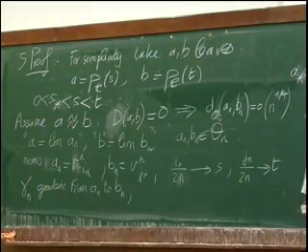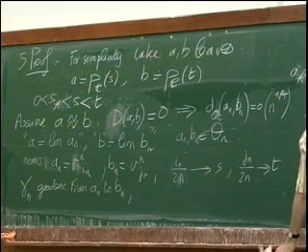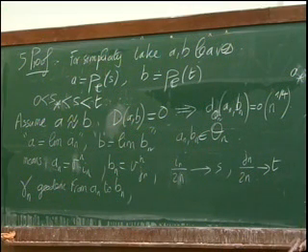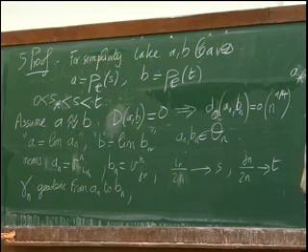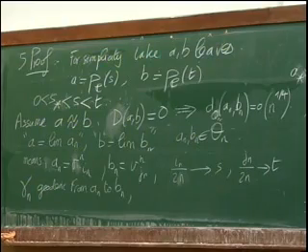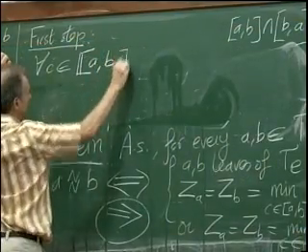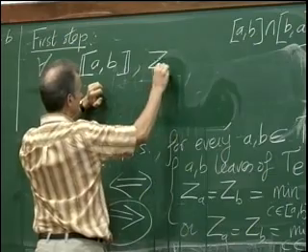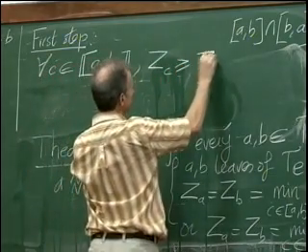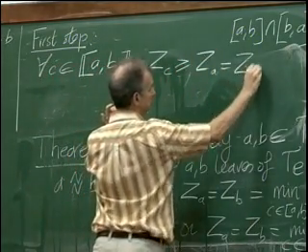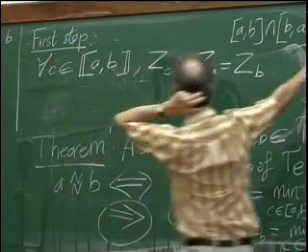So now, the first step is to observe that for anything between A and B, Z_C is greater than Z_A equals Z_B. Okay, so I remind you of this definition.